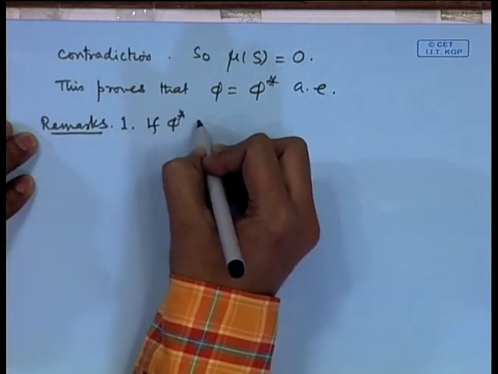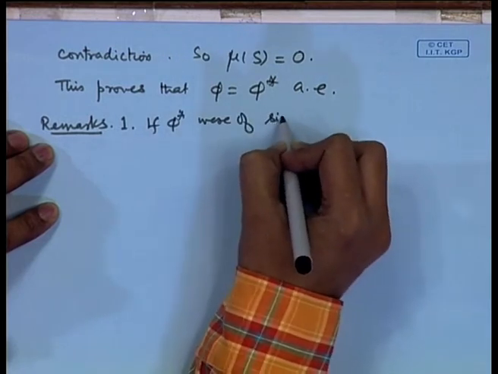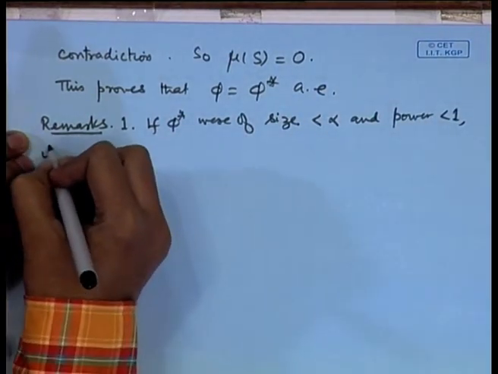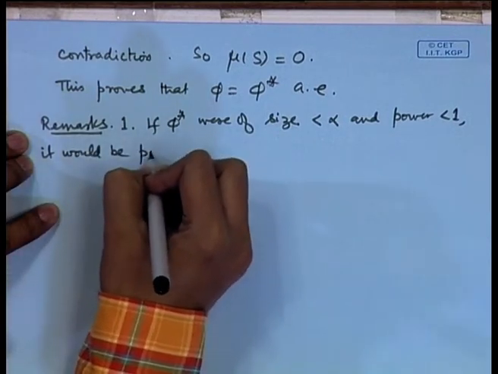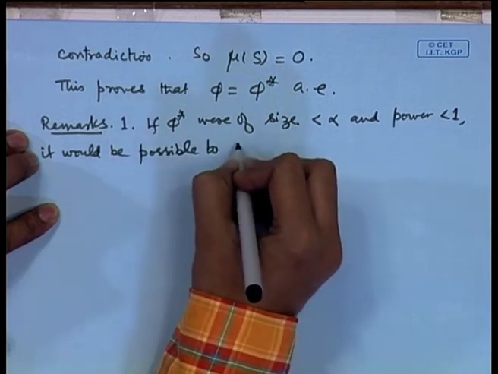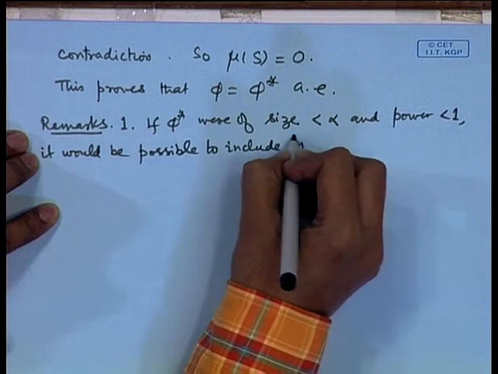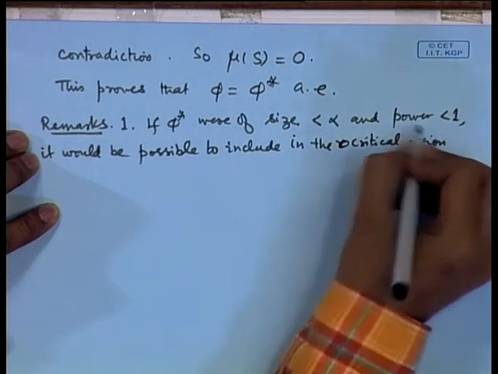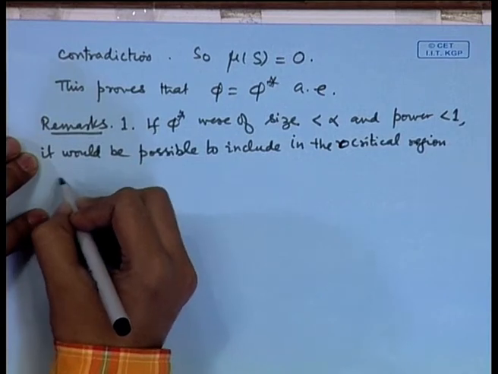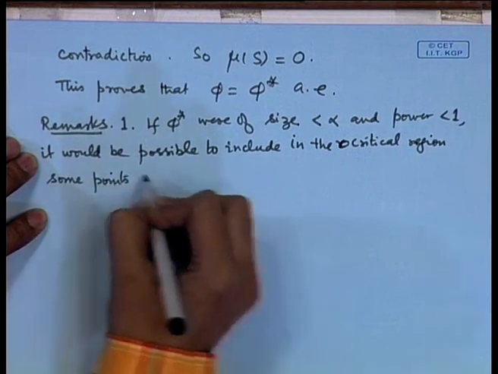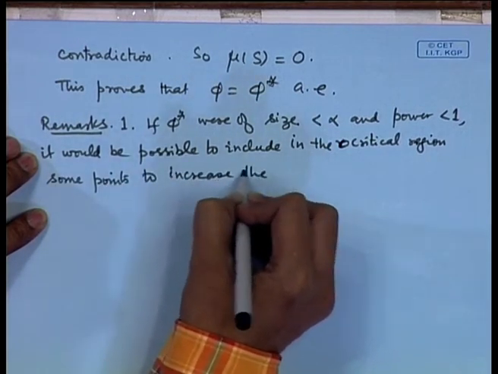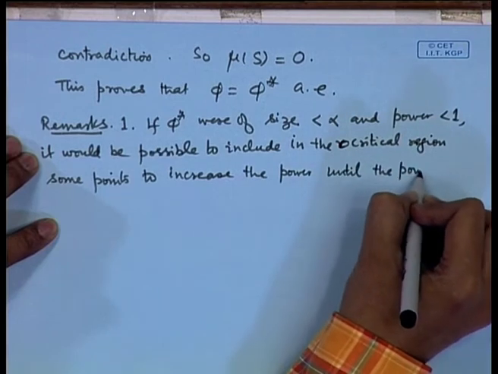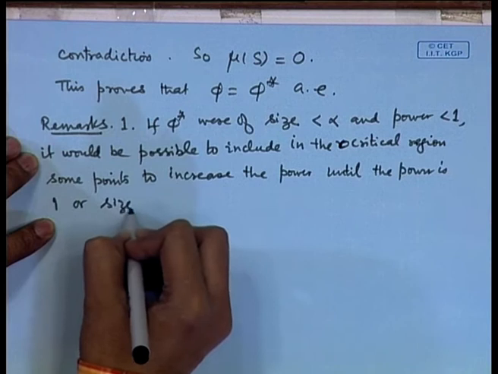Let me give a few remarks here. If phi star were of size say less than alpha and power less than 1, it would be possible to include some points in the critical region to increase the power until the power is 1 or size is 1.